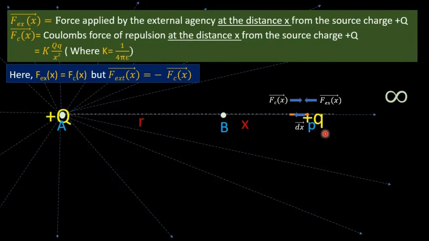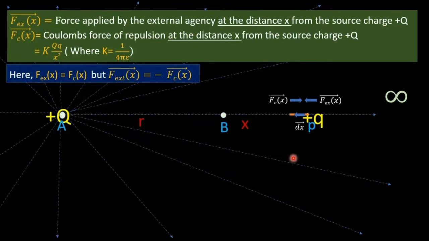But Coulomb's repulsive force increases as the distance between the source charge and the test charge decreases. So it is a variable force. So to find the work done, we will use the integral method. Now this length element is infinitesimally small, so we consider that the Coulomb's repulsive force for this displacement dx remains the same.